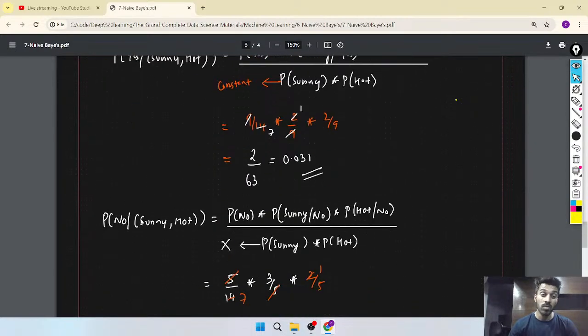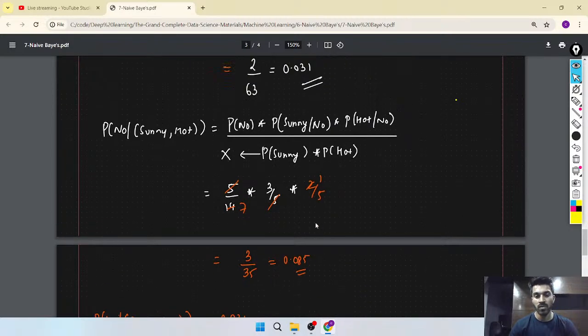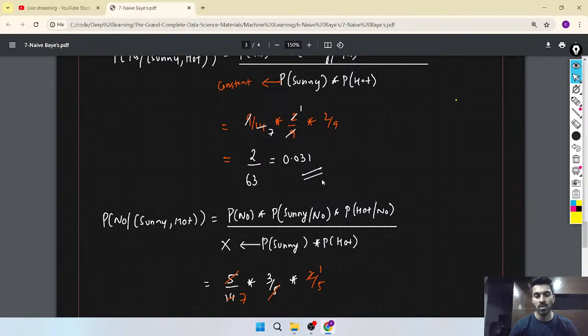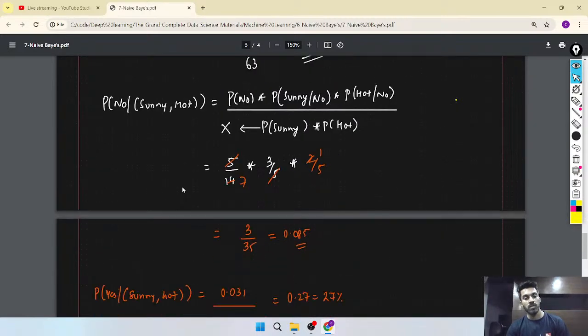Now again you have to calculate the probability of no given sunny and hot. You will get a probability like 0.085, and here you get 0.031. So according to this condition, will the player play or not? Which probability is high?